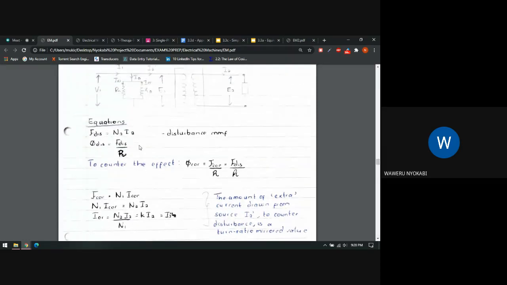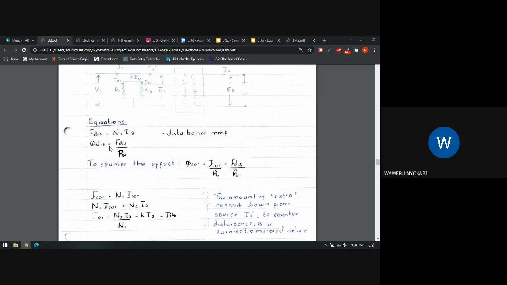So if I can take you back to the fact that I2 in the secondary side creates a disturbance, yeah? So the disturbance MMF is N2 times I2.